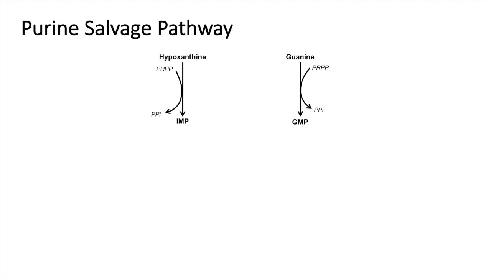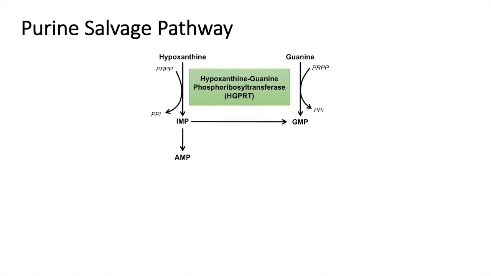Hypoxanthine gets processed to IMP, guanine gets processed to GMP, and this requires the enzyme hypoxanthine guanine phosphoribosyl transferase, or HGPRT. Now, IMP can be processed into GMP or into AMP in the purine synthesis pathway. So this enzyme is critical for purine salvaging.